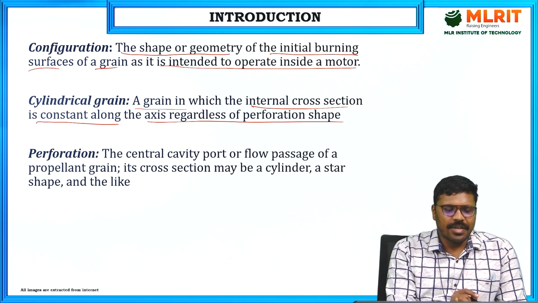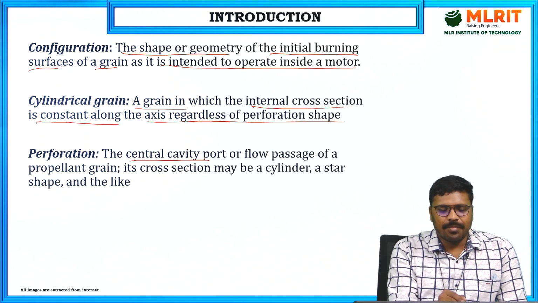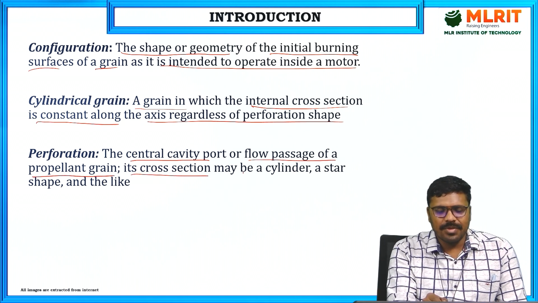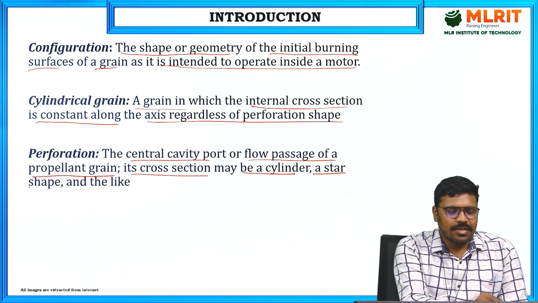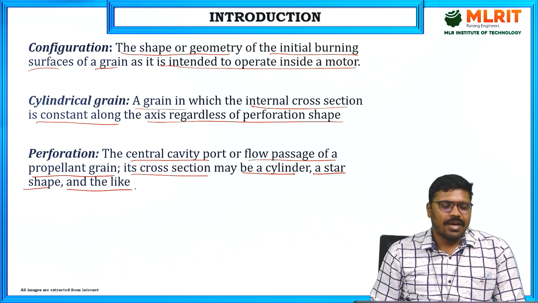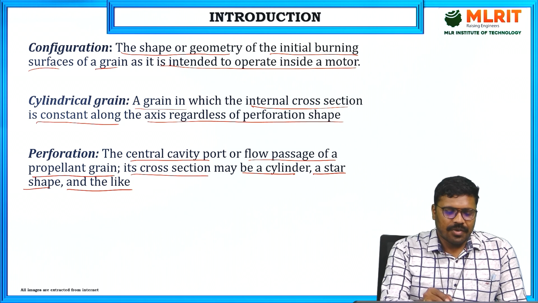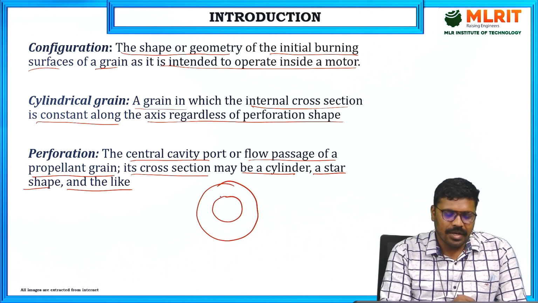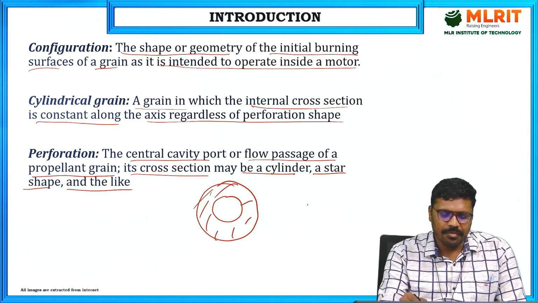Perforation is the central cavity, the flow passage of a propellant grain. Its cross section may be cylindrical, a star shape, and others. So if you take the propellant grain like this, it can be a cylindrical perforation like this, and it can be a star also.